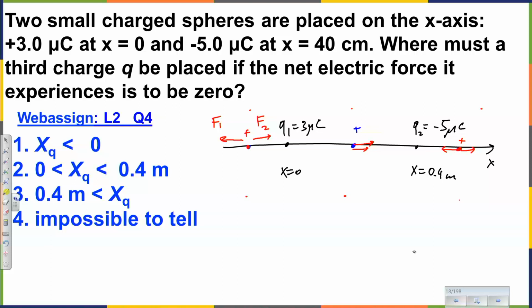Force number 2, that's the force due to the second charge. So here, that should be F2, that should be F1. Each force, 1 or 2, is proportional to the charge and inversely proportional to the distance squared.